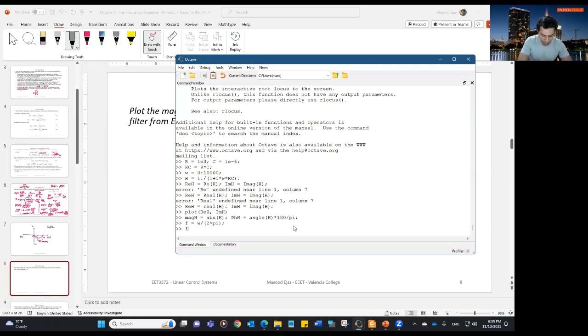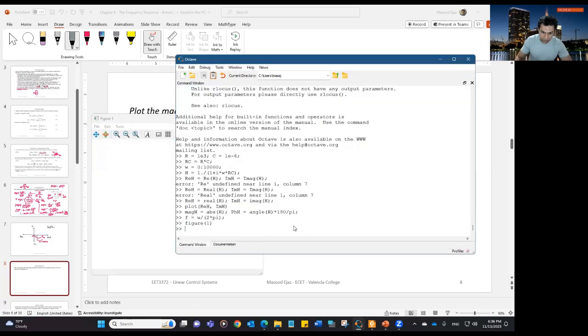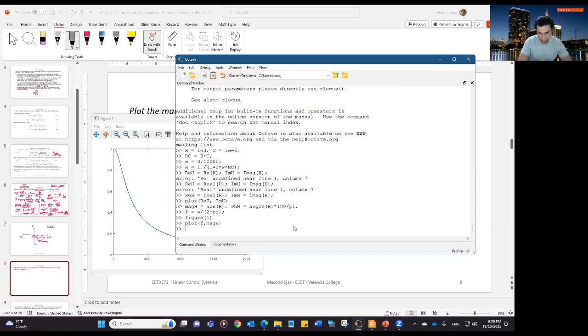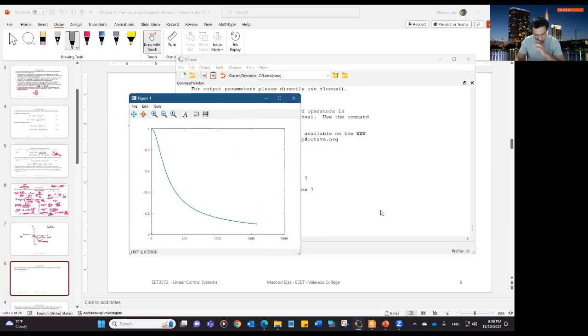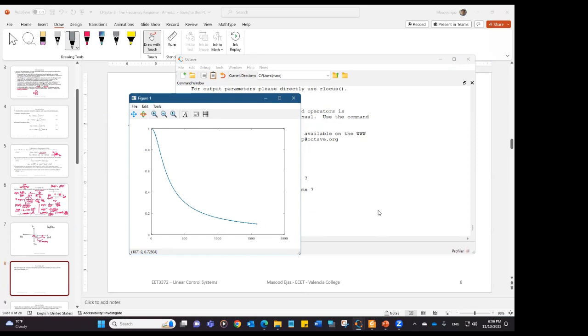And you can do plot f comma magnitude of H. So now, what type of filter is this? It's a low pass filter. It's a low pass filter, exactly.